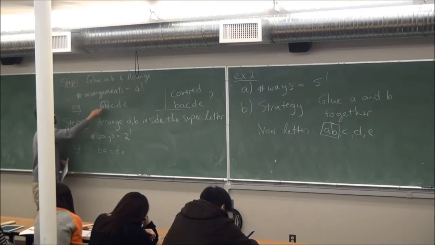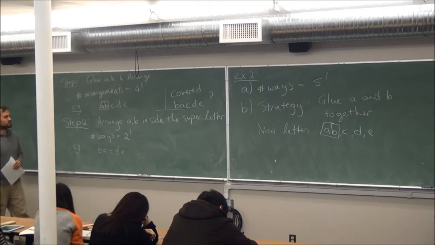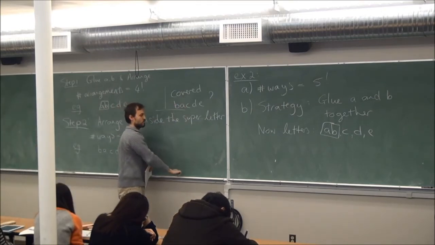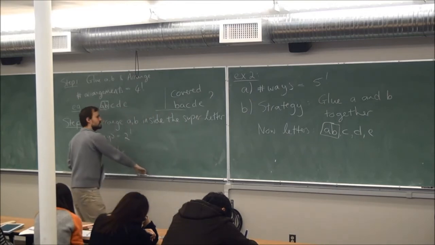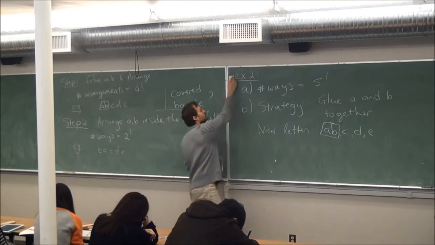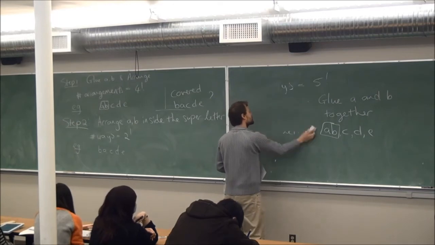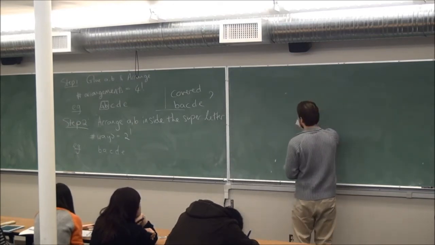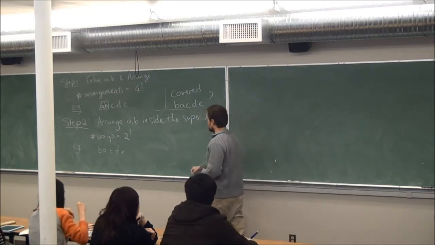I have 2 choices for shuffling them inside the super letter. And that way I cover this possibility as well. And these are valid arrangements as well. So I needed another step. I couldn't stop at step 1. I needed that second step.